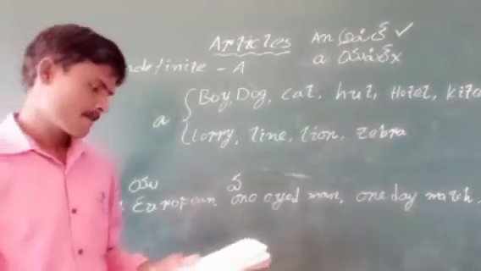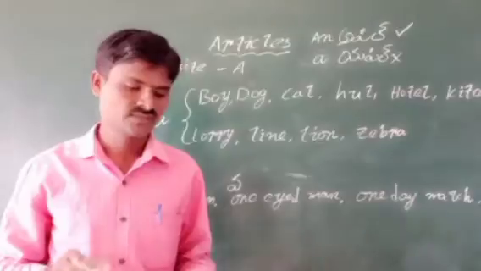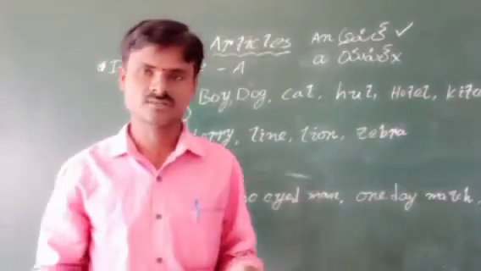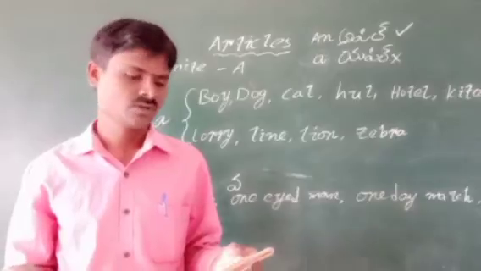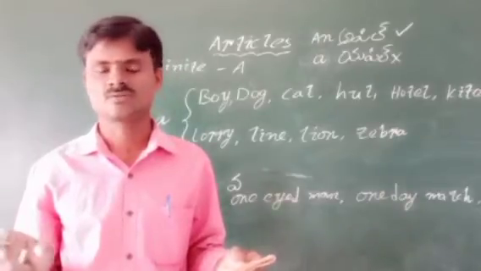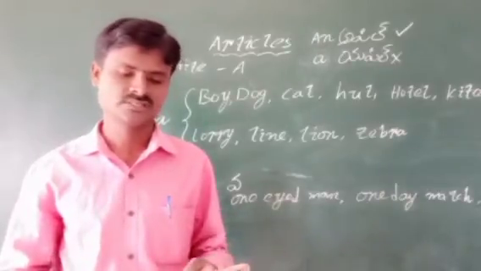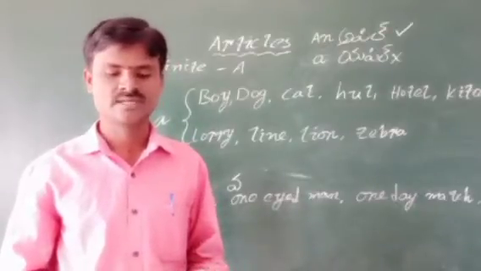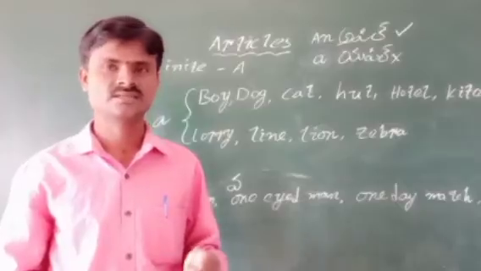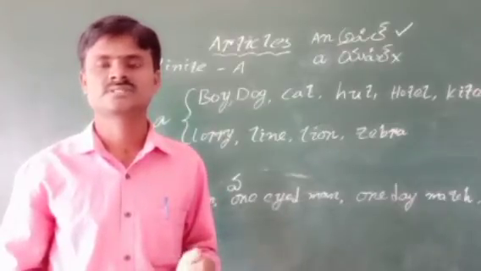Next, fixed phrases are there. Go for a walk. You should not use go for the walk. Go for a walk. Don't make a noise. Don't make a call. Please wait for a while. Don't be in a hurry. These are fixed phrases.